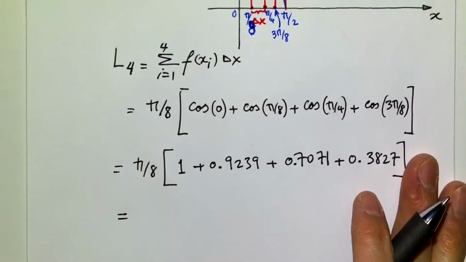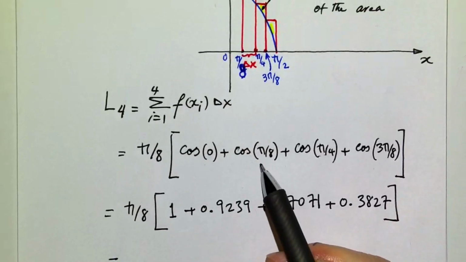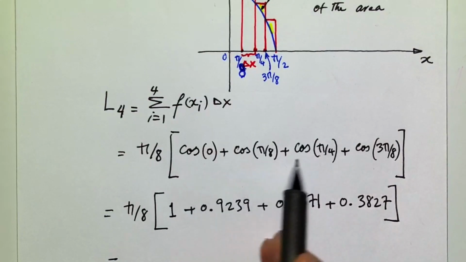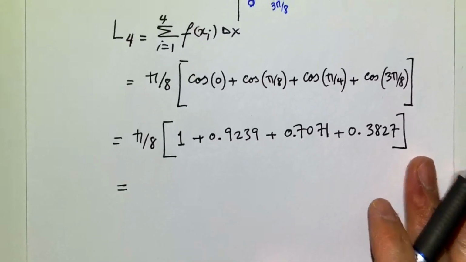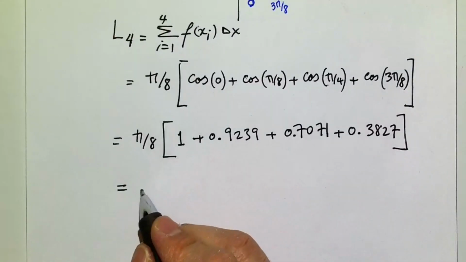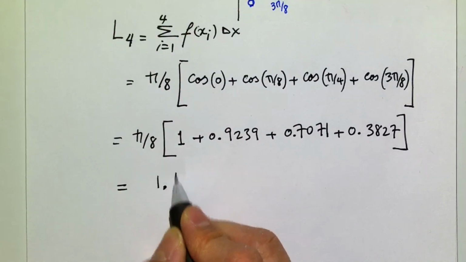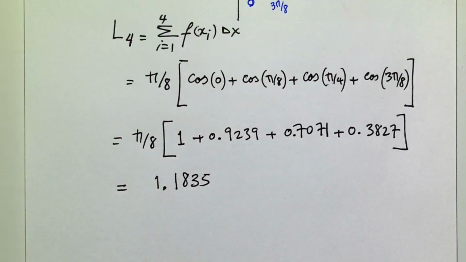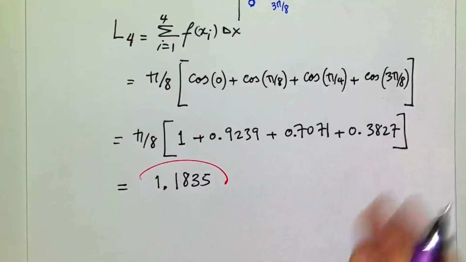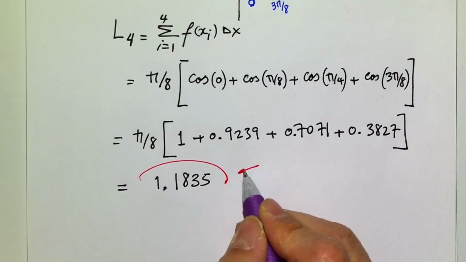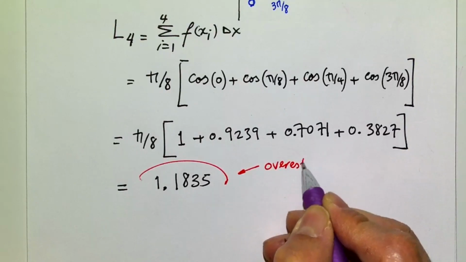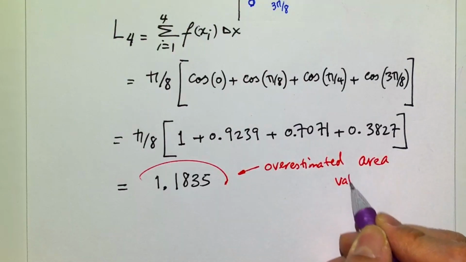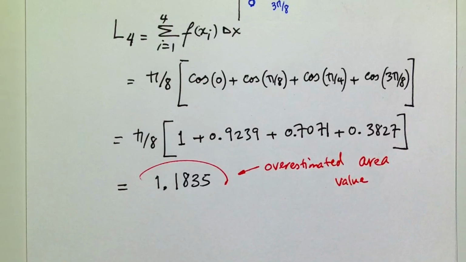And of course, just like before, please make sure that your calculator mode is set to radians. If you have degrees, you're going to get the wrong numbers, even if you punch in the right numbers. And so I got 1.1835. And this is, as we mentioned, an overestimated area value.